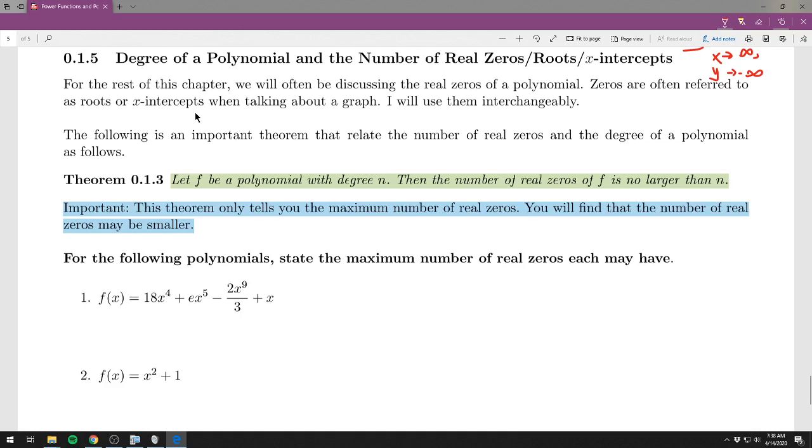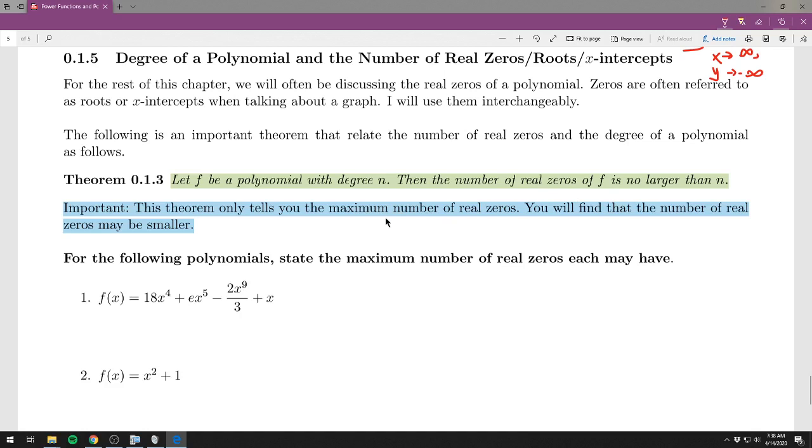And you just have one theorem here that is very useful because it'll tell you when you actually are getting to the point of figuring out the real zeros when you're done. So it says, let f be a polynomial with degree n, then the number of real zeros of f is no larger than n.